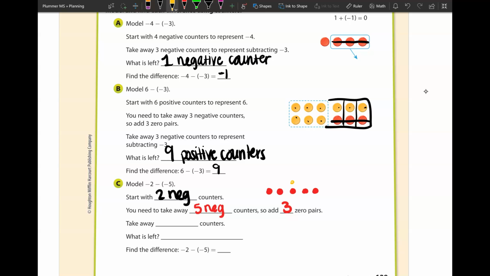Here's my positive, so 1, 2, 3, and I'm going to take away 5 negative, so 1, 2, 3, 4, 5. I'm left with 3 positive. So my answer is 3.